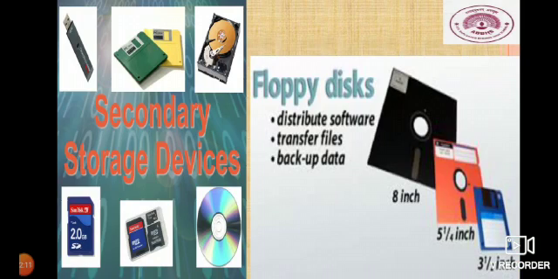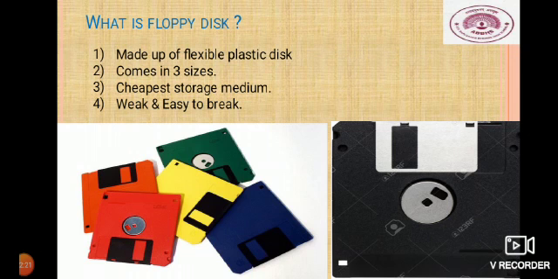Now let us begin with the first storage device, that is the floppy disk. Can you see, children? These are the floppy disks. Now what is a floppy disk? A floppy disk is a thin circular disc made up of magnetic tape encased in a plastic casing.